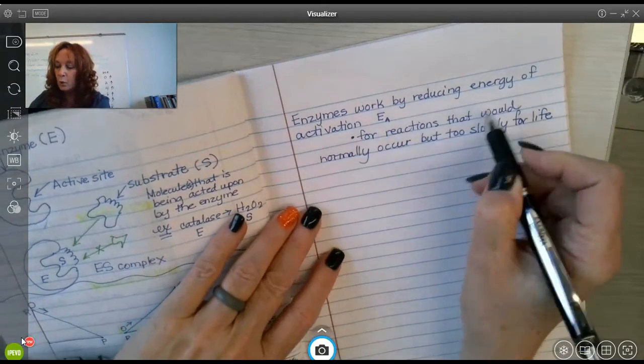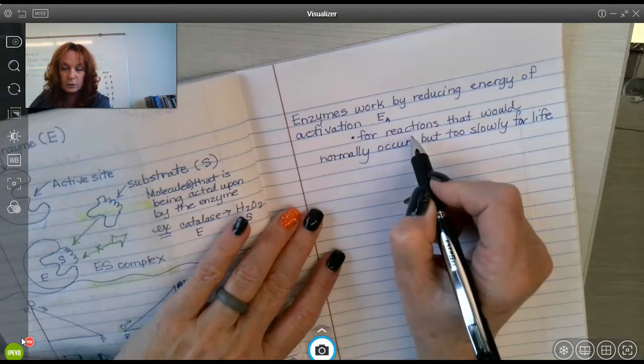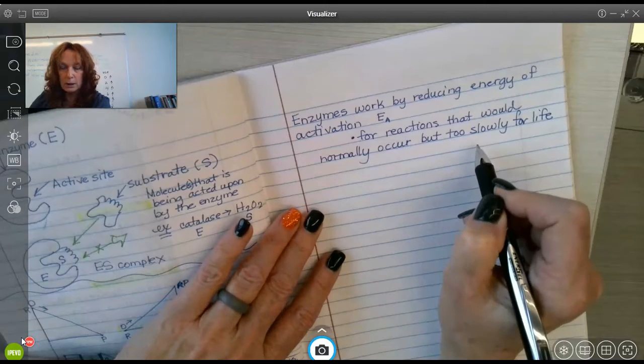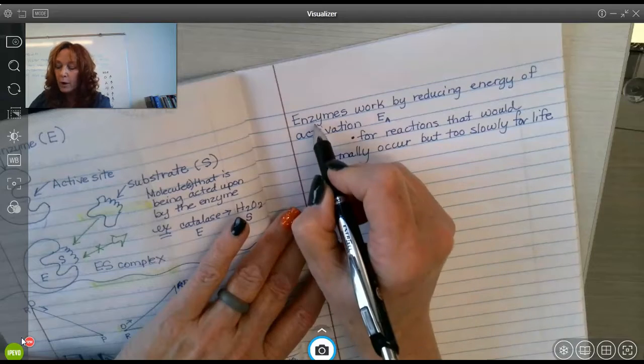So enzymes are going to work by, yes, the reaction would normally occur ridiculously slowly. So what are they going to do?